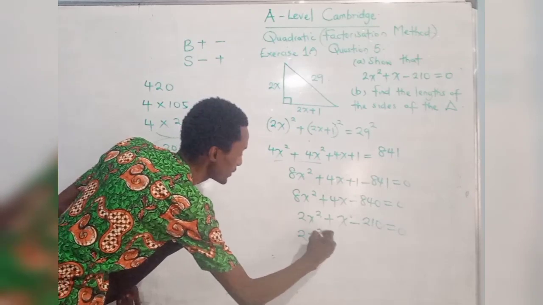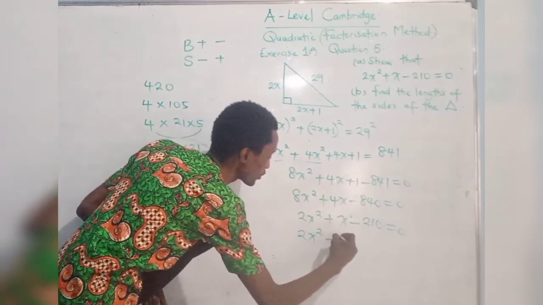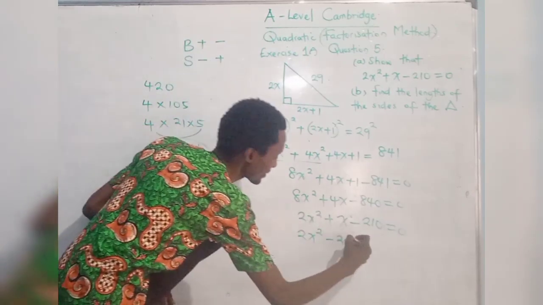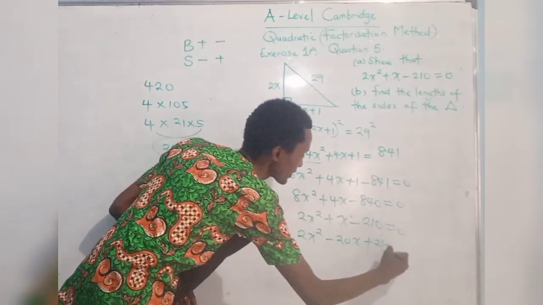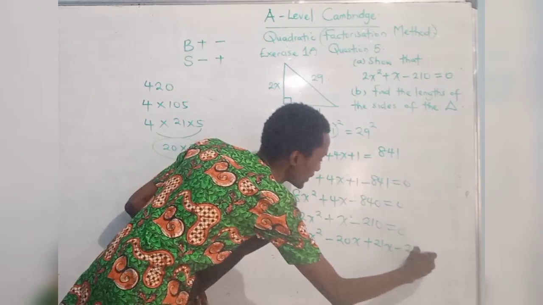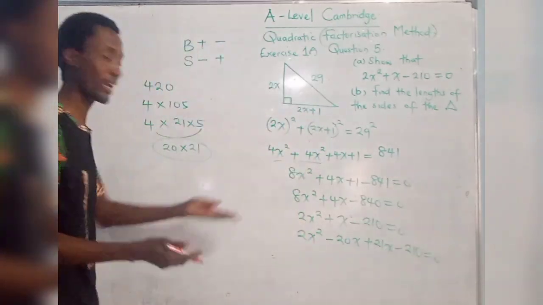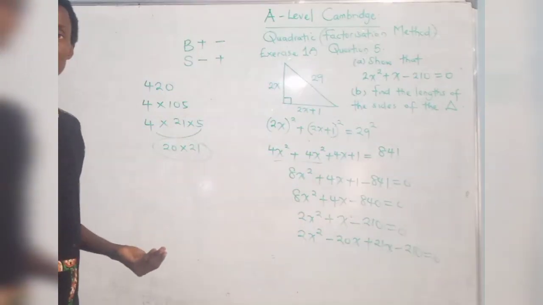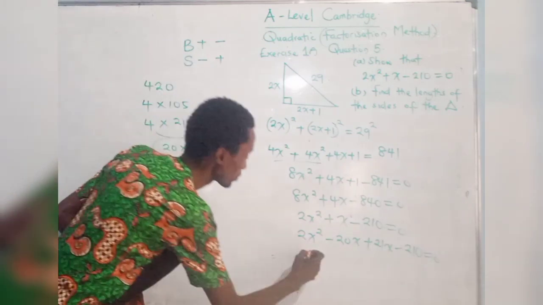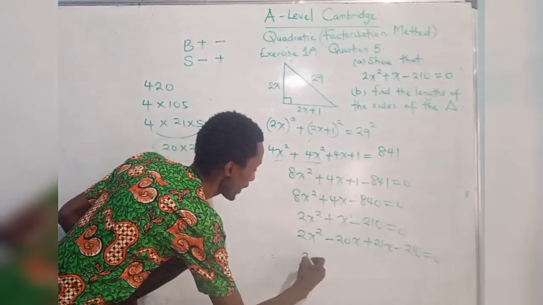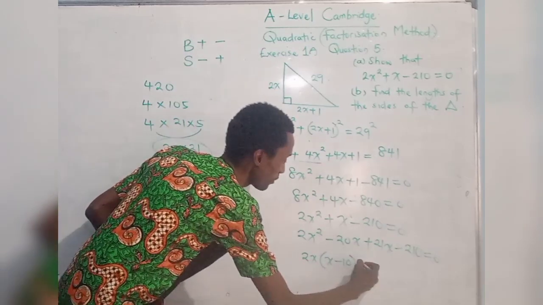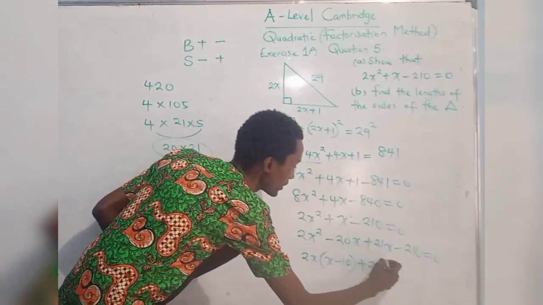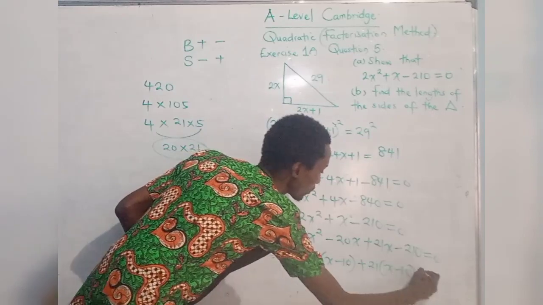This will be 2x squared minus 20x plus 21x minus 210 equal to 0. So I can easily apply my factorization here. That will be 2x into x minus 10 plus 21 into x minus 10 equal to 0.